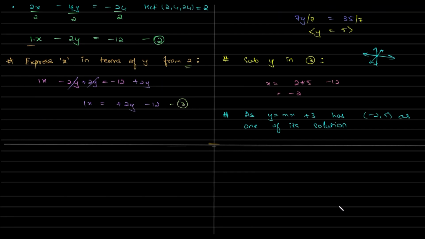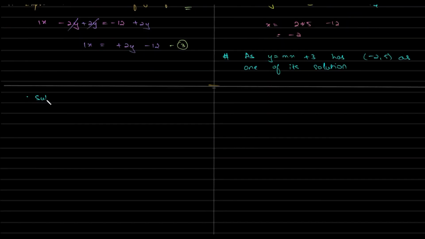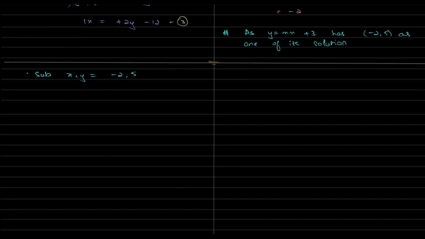So we can substitute x comma y equal to minus 2 comma 5. So we have 5 is equal to m times minus 2 plus 3. When I transpose, 5 minus 3 is equal to m times minus 2. Actually, instead of doing this, I like to do it the other way around, that is, minus 3 on both the sides.